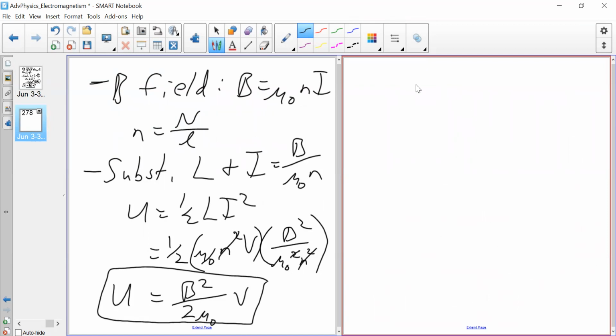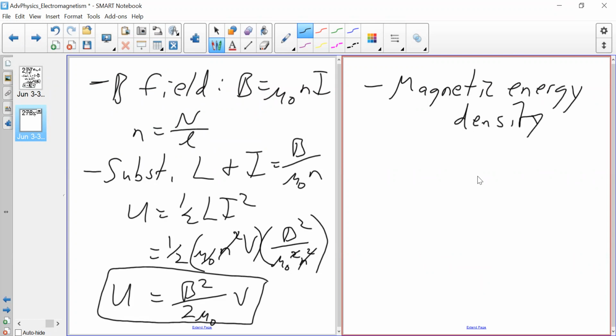Now, just like, if you recall, energy field density, there is also a magnetic energy density. And since we're dealing with a volume, because we have length and cross-sectional area, the energy density would be the energy per volume.